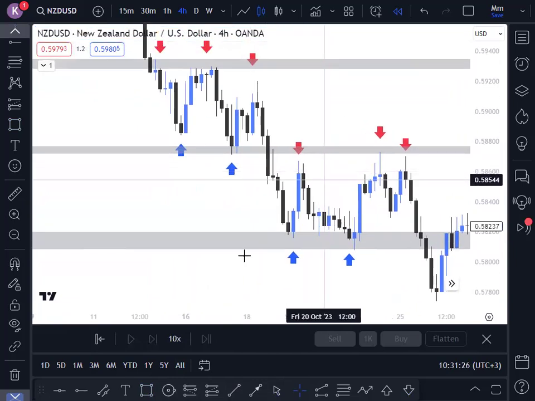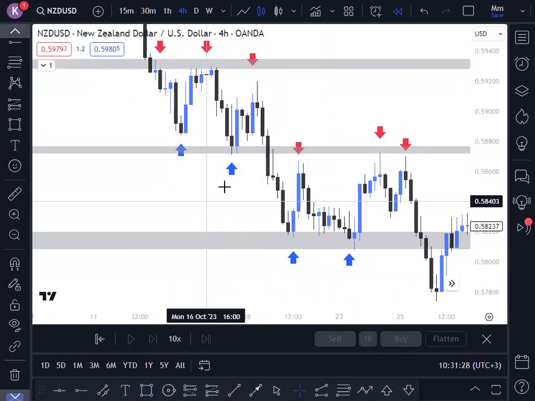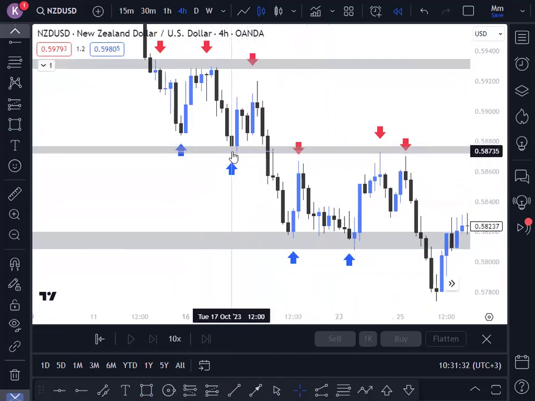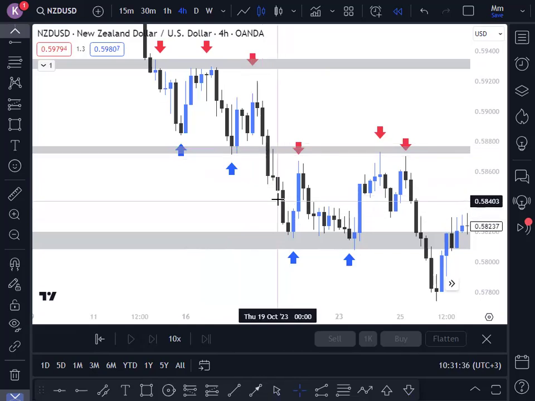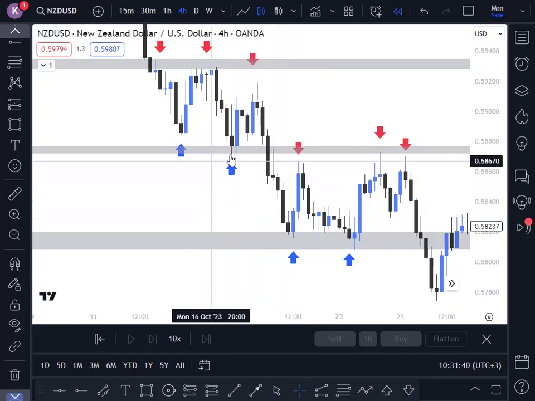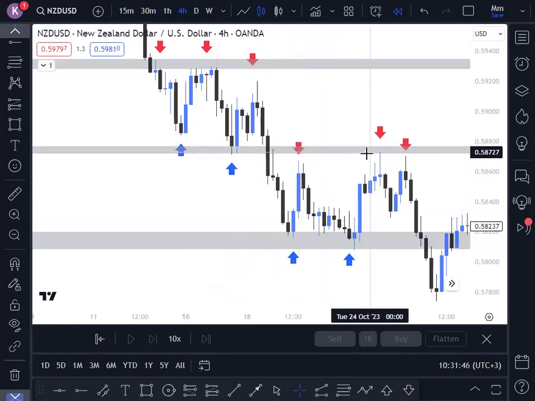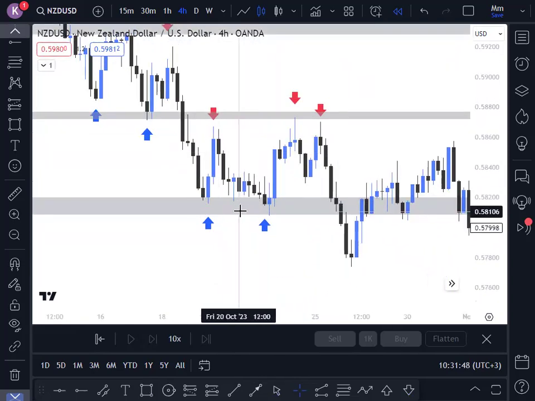Also, I said that whenever the market breaks our support, this is our support key level here, whenever the market breaks it, it turns out to become a resistance zone. This is our support. The market broke down. It turned to be our resistance zone, and this is our support.